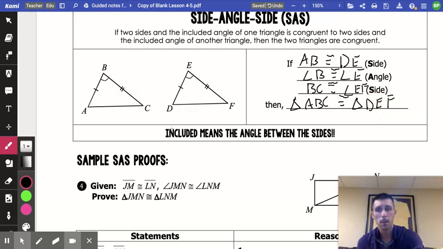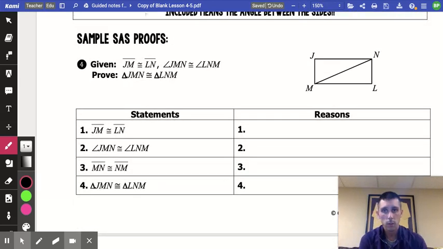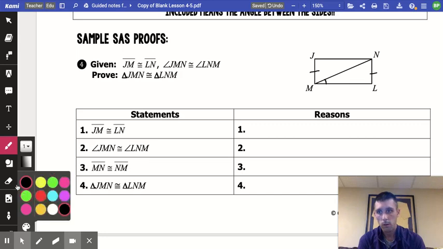All right? So let's take a look at a couple of these proofs. Given JM is congruent to LN. So those 2 are congruent. Angle LMN, this angle right here, is congruent to what?